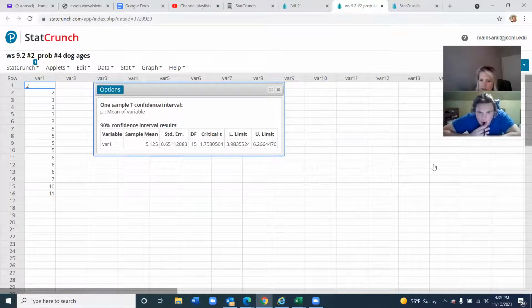And there it is. Our critical value for our formula is 1.753. And then our limits are 3.984, comma, 6.266.